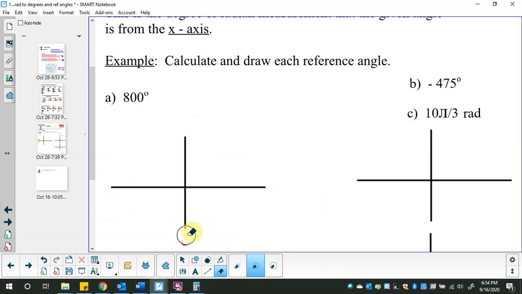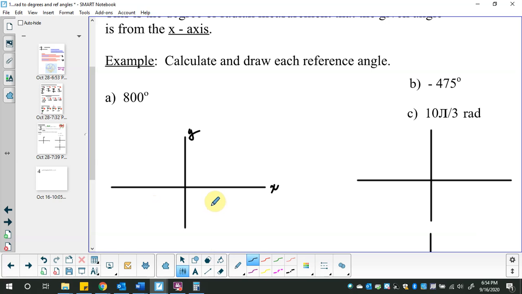So I'm going to erase this, just because this is a note. I should call this X and Y. And I need to know if you can figure out where 800 degrees is. Is it in quadrant 1? Is it in quadrant 2? Is it in quadrant 3? Is it in quadrant 4?